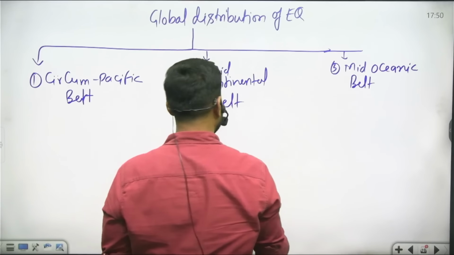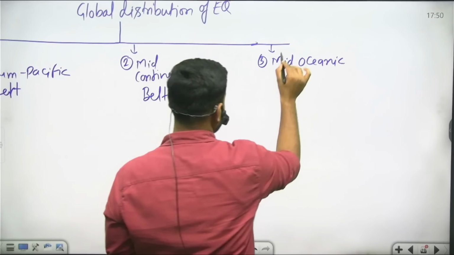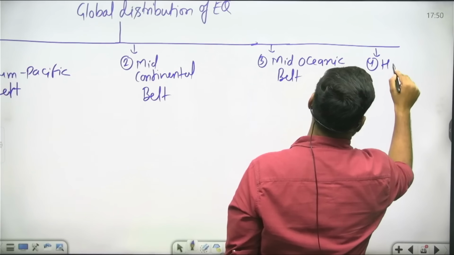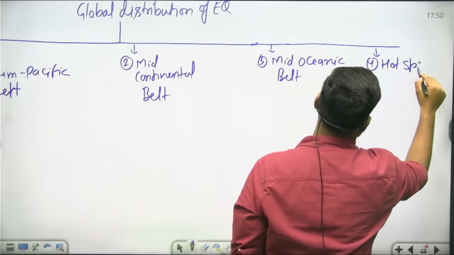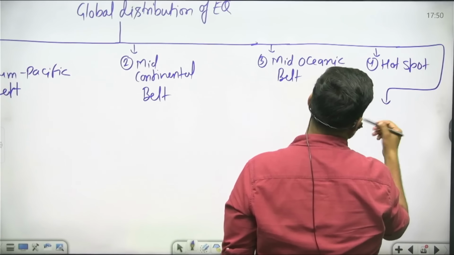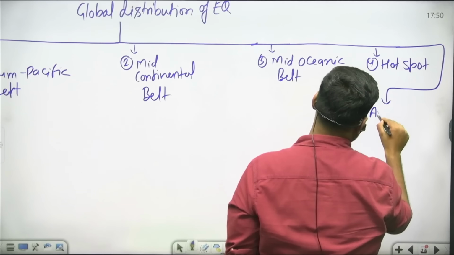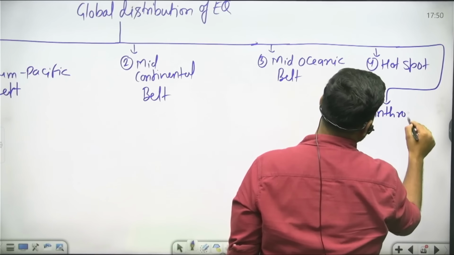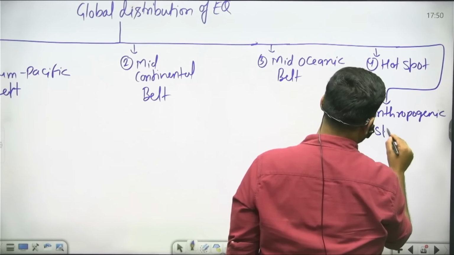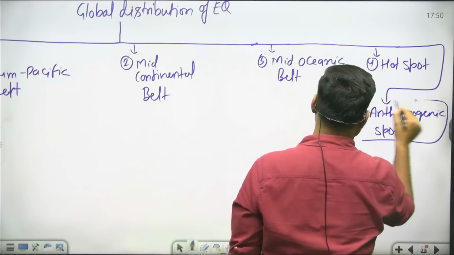And the fourth one is the hot spot. And the last one is the anthropogenic spots. एंथ्रोपोजेनिक स्पॉट, बात करेंगे इस पे, लाइक हिमालयाज एंड अदर थिंग्स.